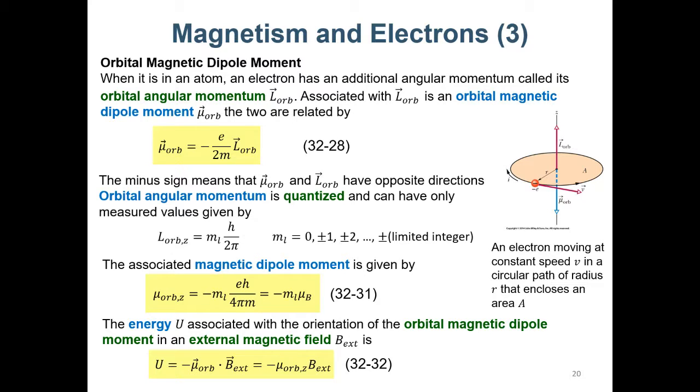And then if it is rotating around an axis, it will also generate another dipole moment called mu orbital, which is the magnetic dipole moment due to the orbital.